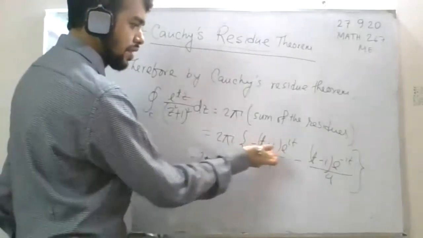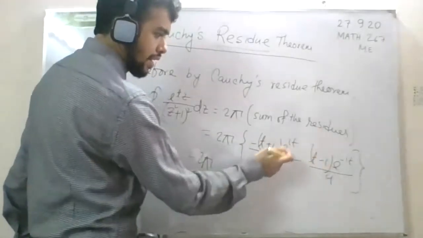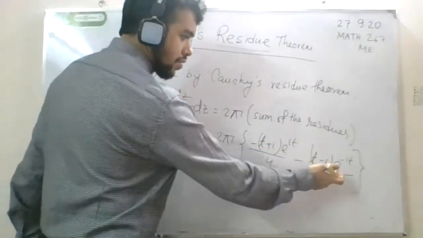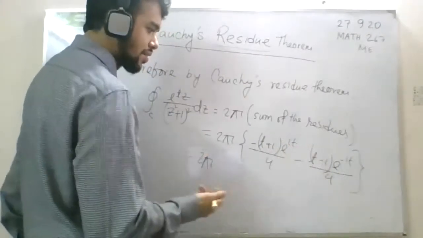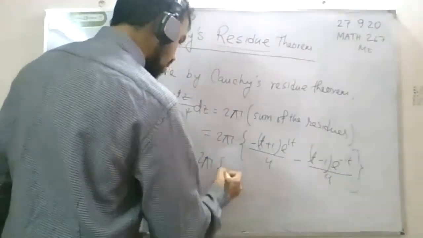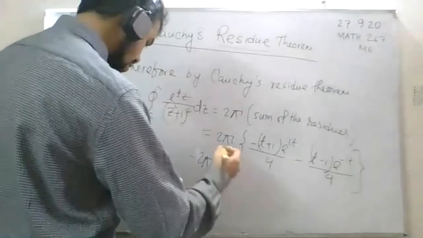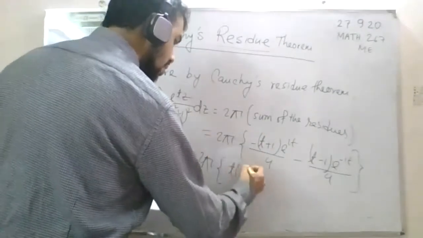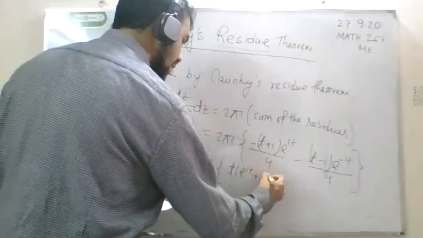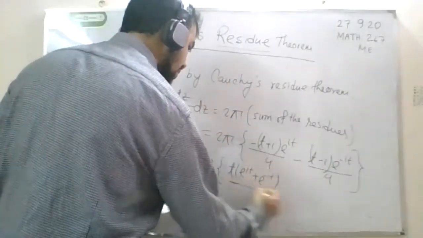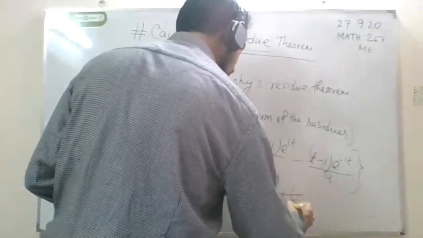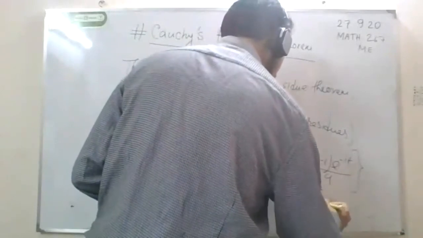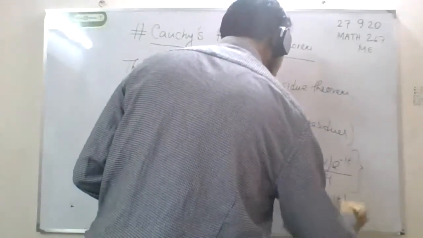Just multiply e to the power it with these things and also e to the power minus it with these things, and after that just take common from these two things, which is t times e to the power it plus e to the power minus it divided by 4, and also I by 4 times e to the power it minus e to the power minus it.